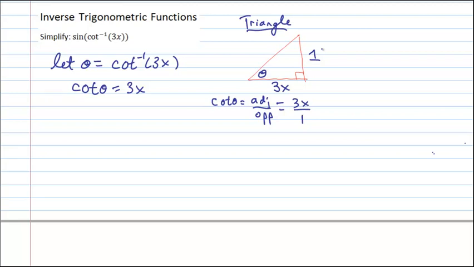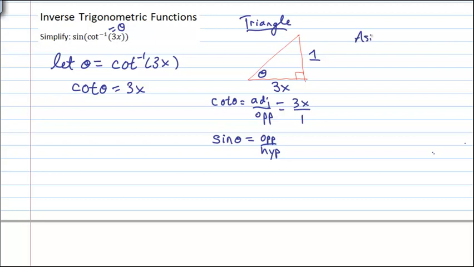But really, we're not looking for cotangent theta. We're looking for sine of theta, since this we let be equal to theta. So sine theta in our triangle will equal opposite over hypotenuse. So we need to solve over here.